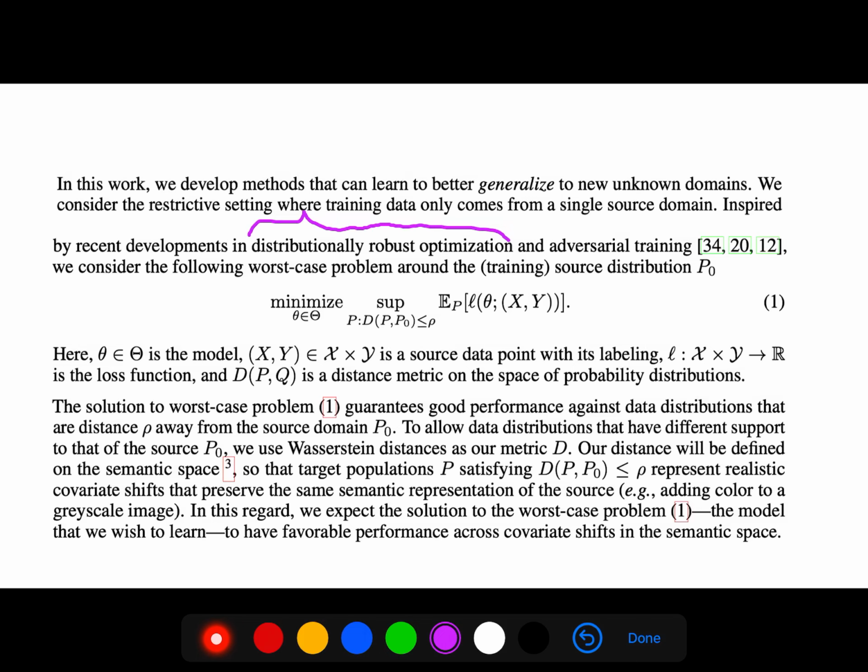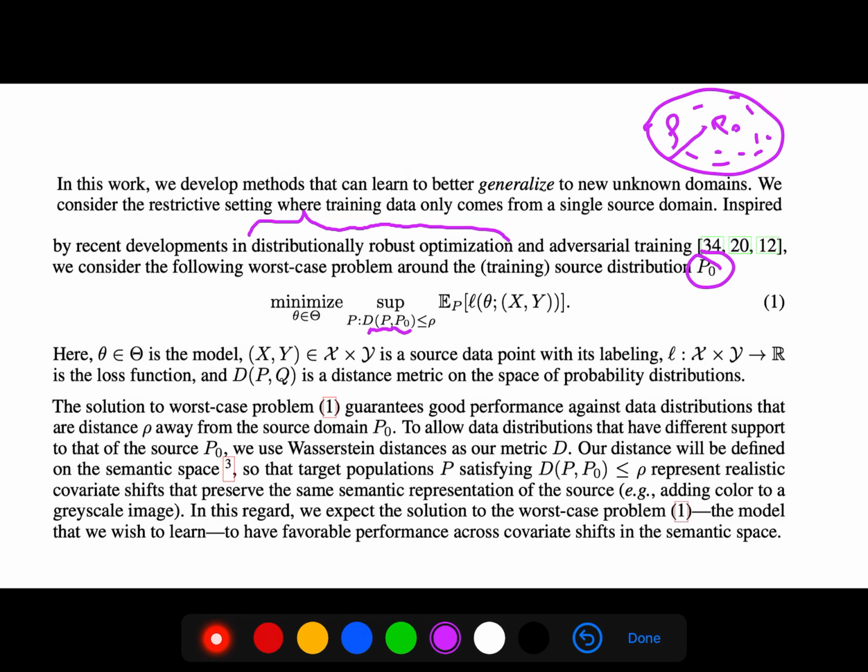And this D is a distance metric on the space of probability distributions. Because if we have a source distribution P0, we want to go over all the distributions that are around this P0. For example, assume P0 is just a dot. But with the radius of rho, we want to select all of the distributions.